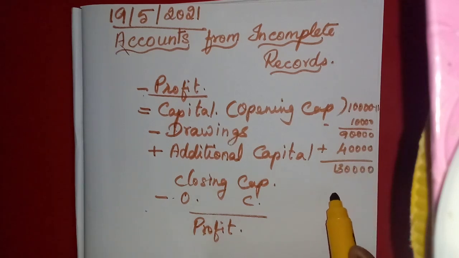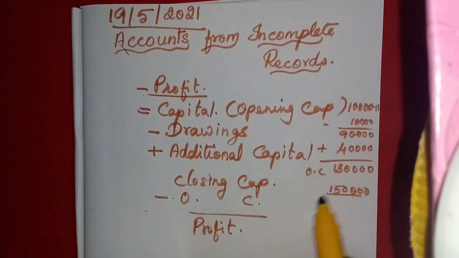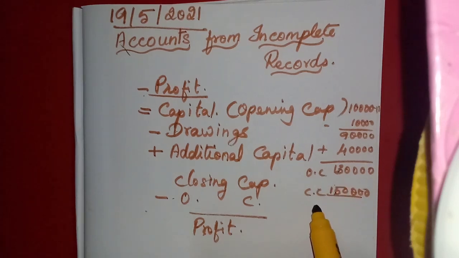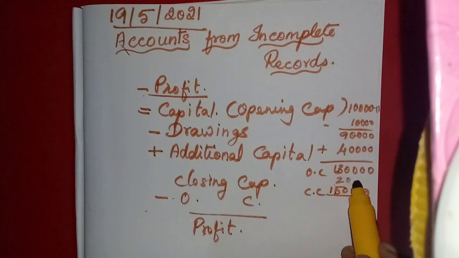Then at last in his hand he was having 1,50,000. Okay, this is opening capital, this is closing capital. So from this we will deduct this one. Okay, so we will get the profit, how much? 20,000. If we add the profit, that is the closing capital.